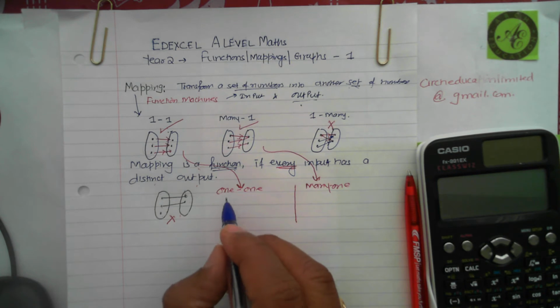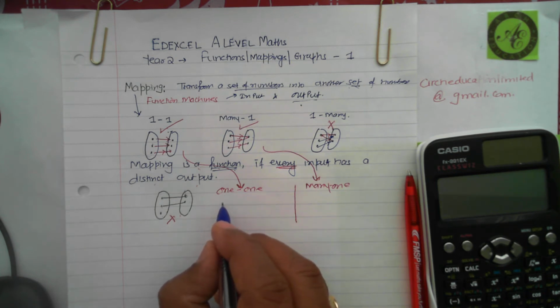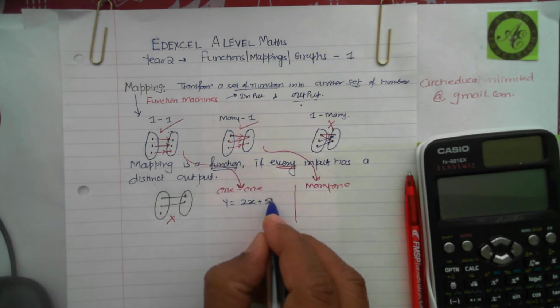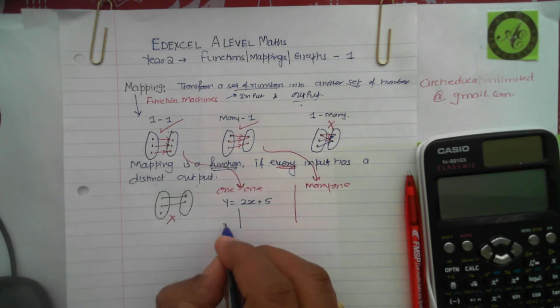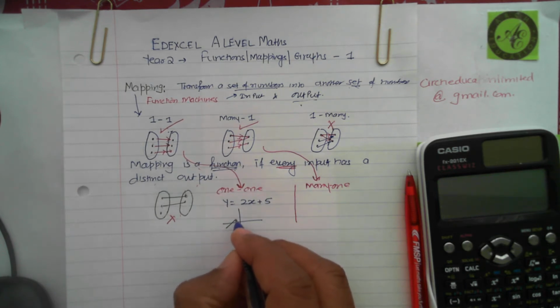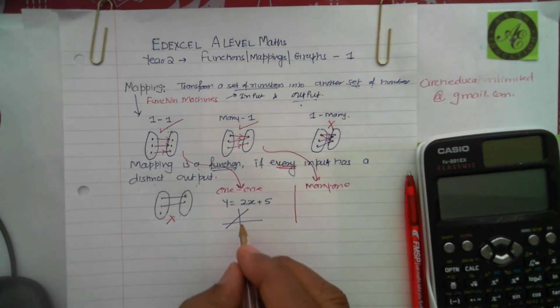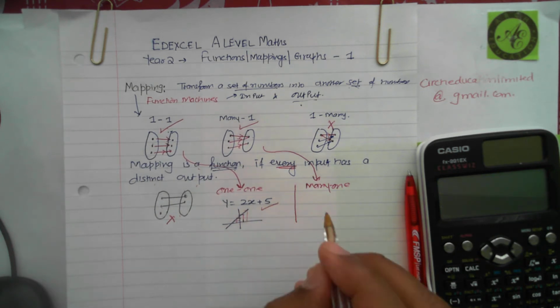So for a one-one function, if we just write y equals 2x plus 5, any straight line, if you want to draw the graph for this, you're going to get something like this. For every input or every value of x there, we'll have one and only one value of y. So this is a one-to-one function.